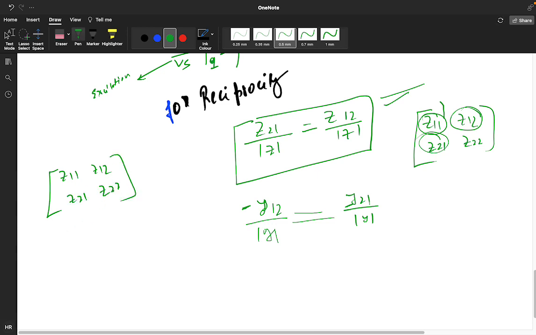So this is the inverse relation. If you do it, your Y parameter will be Z22, Z11, minus Z12, and minus Z21, over determinant of Z.